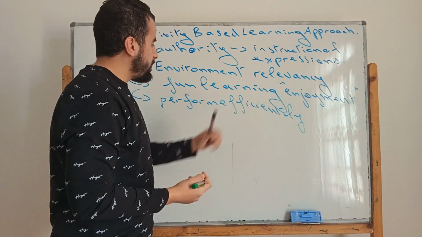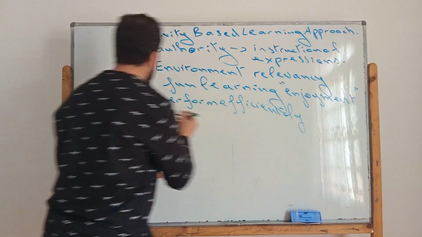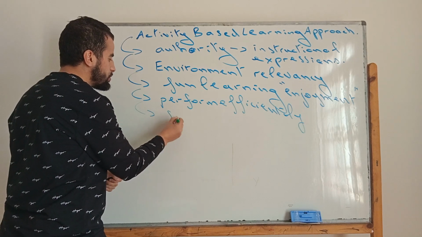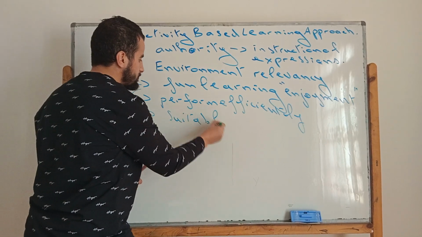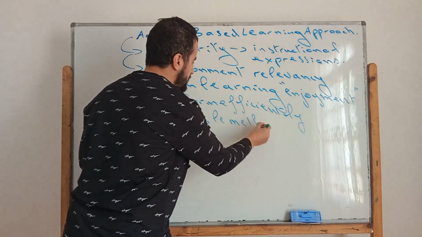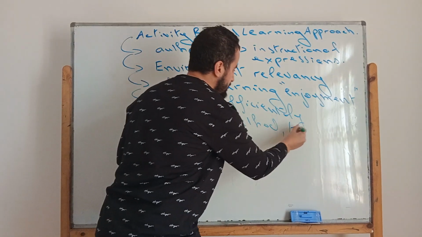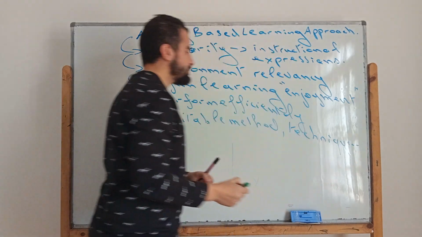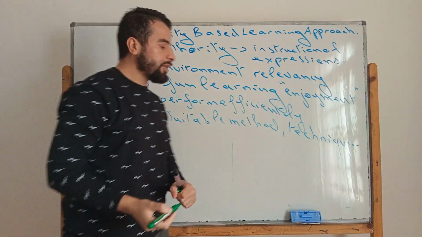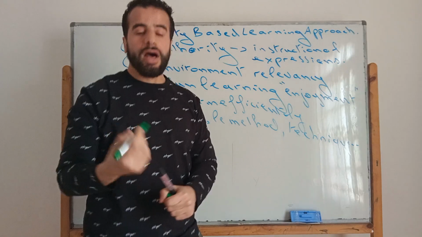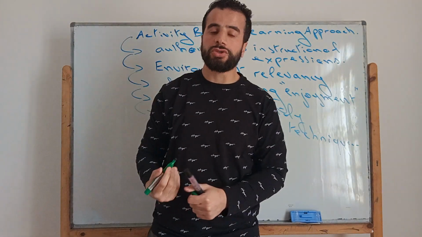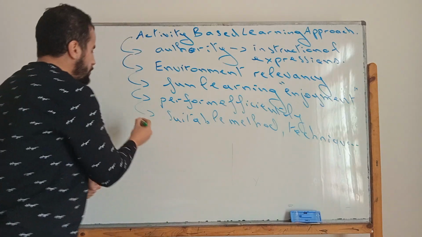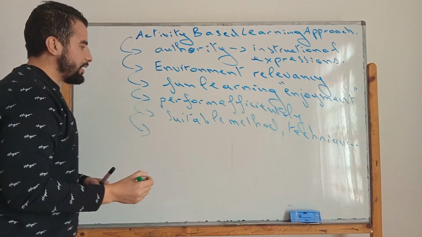So when we perform efficiently, we need to have a suitable method, technique, etc. Right? So we need to consider whether my method is suitable to the learners or not. Clear?